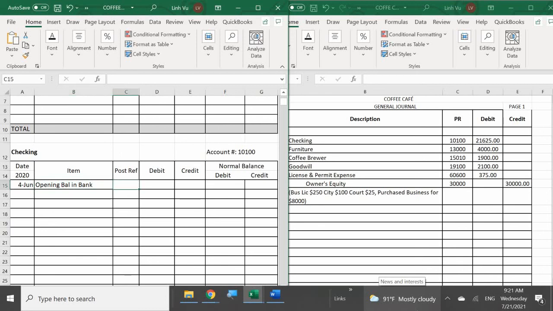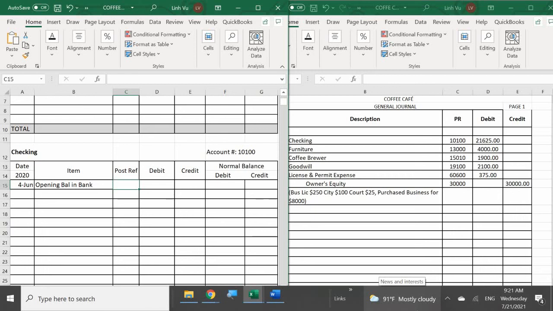Now here, the post reference is going to be what general journal number you put this in. That way I have a reflection of, in case I have a problem in my ledger, I can look at my post reference saying, okay, this transaction happened on this general journal. So then I can locate that a lot quicker.